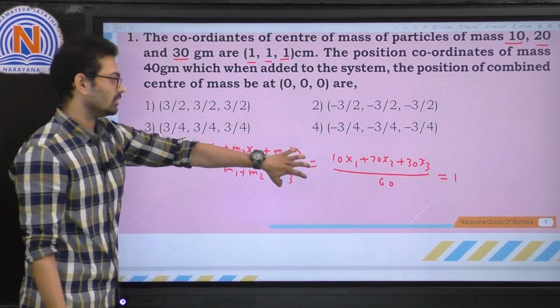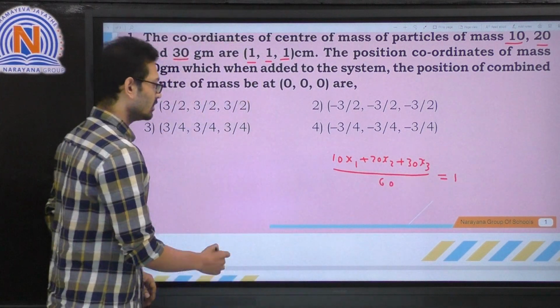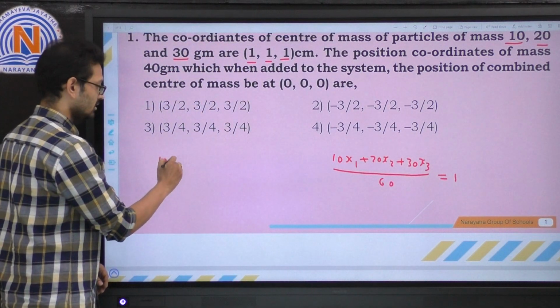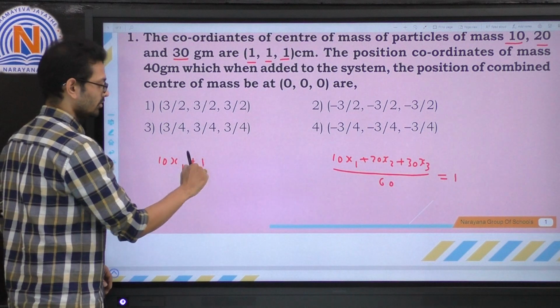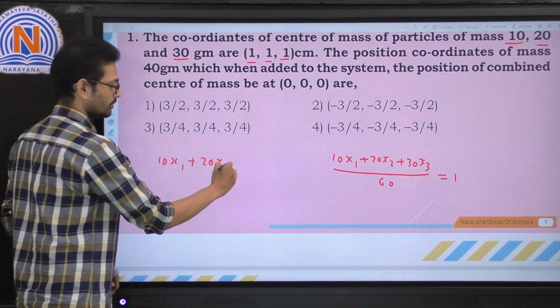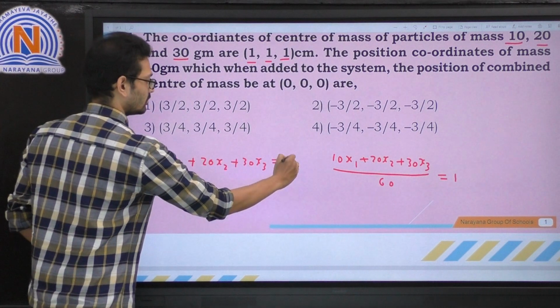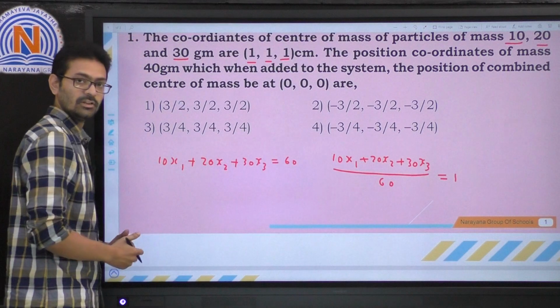Now, if you send that 60 to the other side, you are left with 10x1 plus 20x2 plus 30x3 is equal to 60, right?